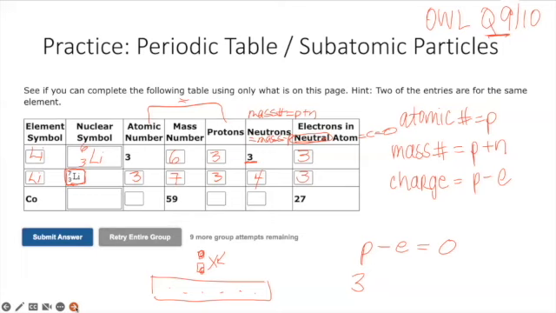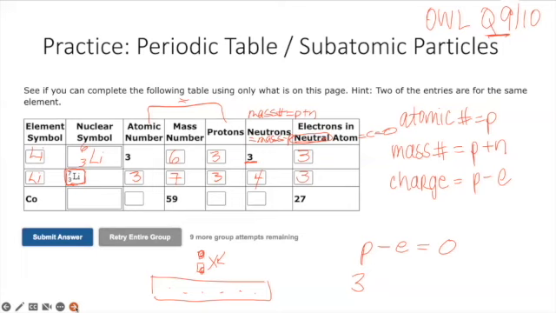Okay, doing the last line here. I'm going to skip the nuclear symbol till we fill out all these other boxes. So cobalt. Let me go to my periodic table again. We'll figure out its atomic number. This might take me a minute to find on the periodic table. Cobalt.